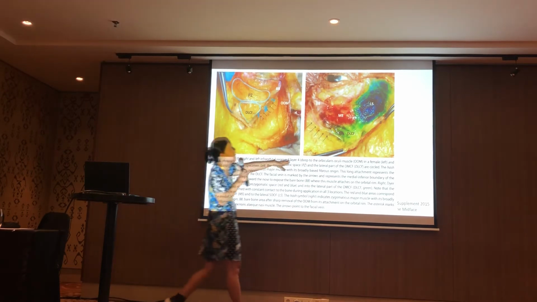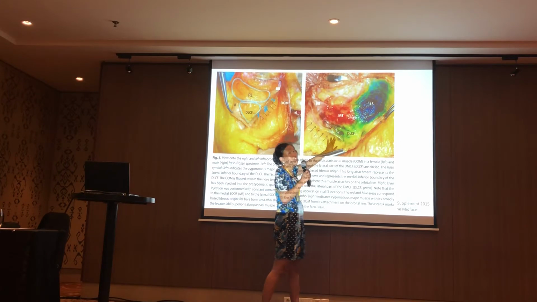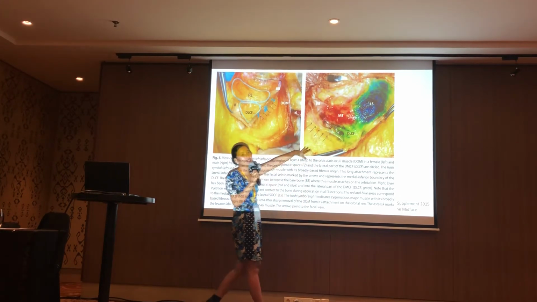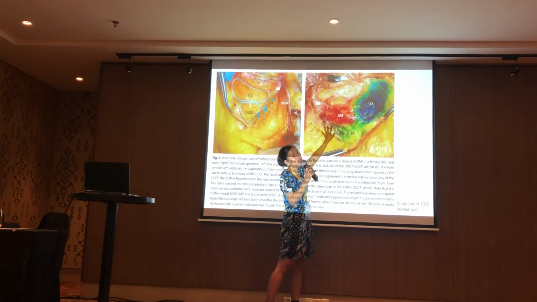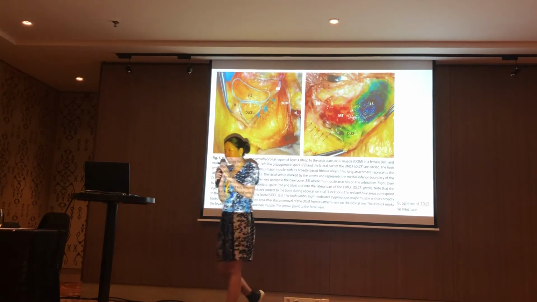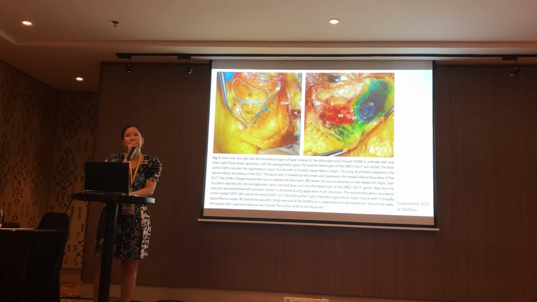This one is the muscle. This one is a vessel. Okay, so that's why I have told you that you have to be careful about this area, about the complications. Can you figure out some names of the vessels?